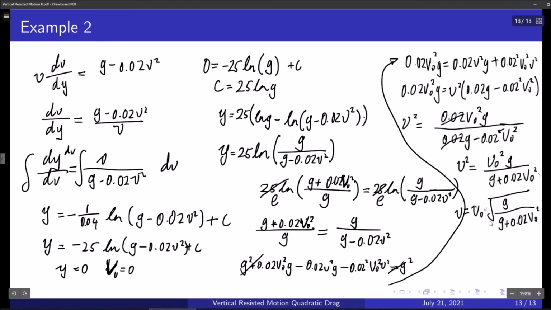So v naught times a number smaller than 1 means that v will always be smaller than v naught, and so there is that.